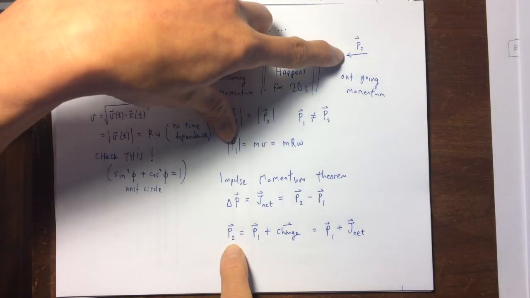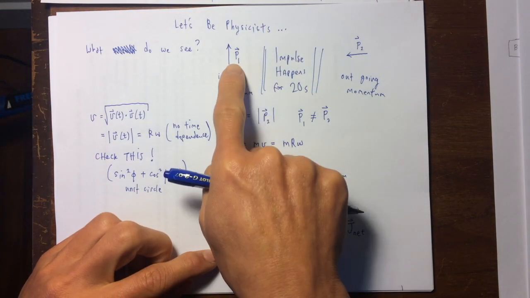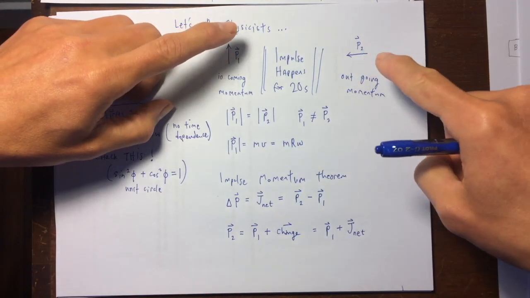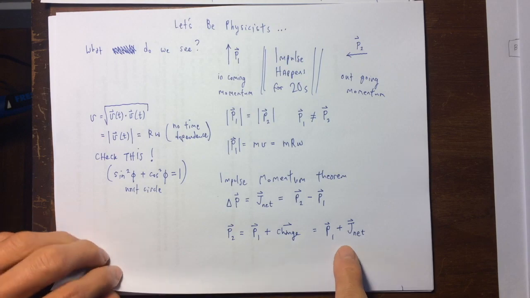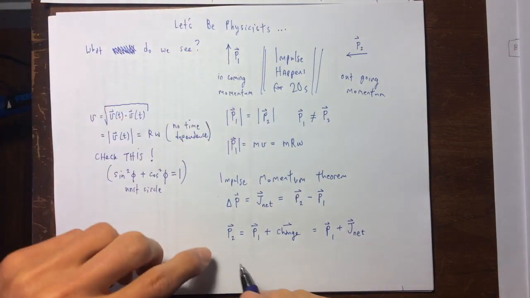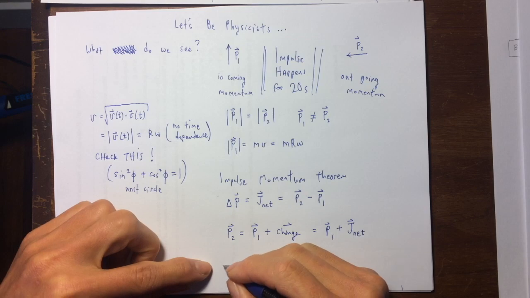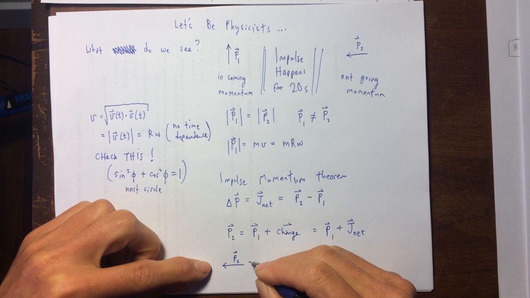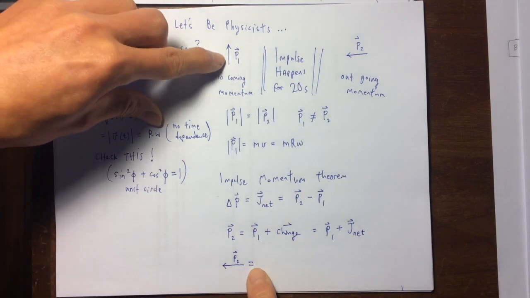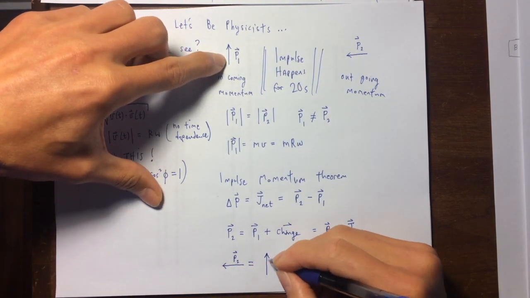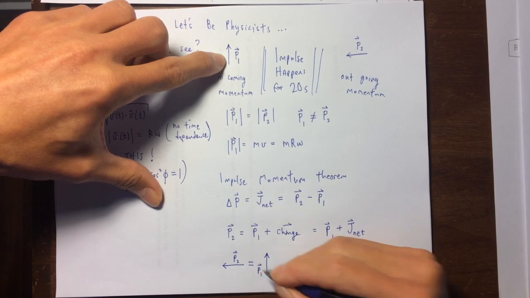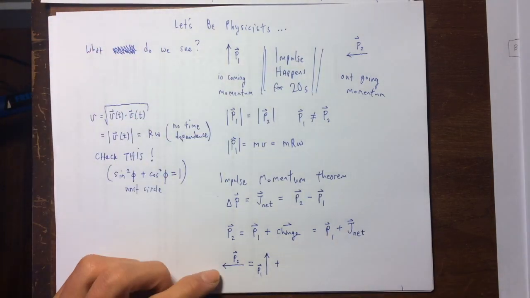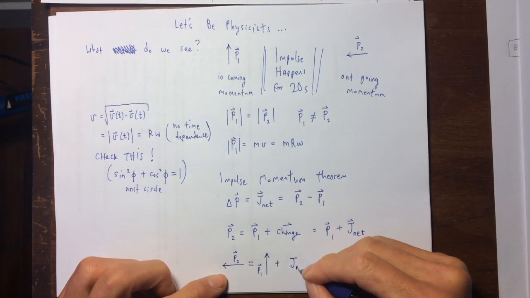P2 is here, P1 is here, and J net is the difference between the two. So P2 is here. It is equal to P1 there plus a vector called J net.